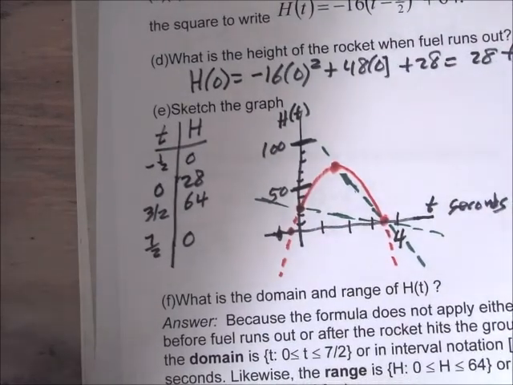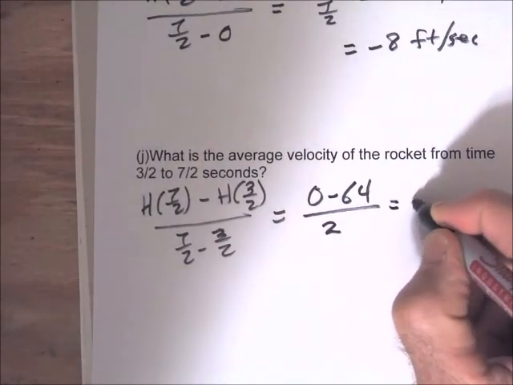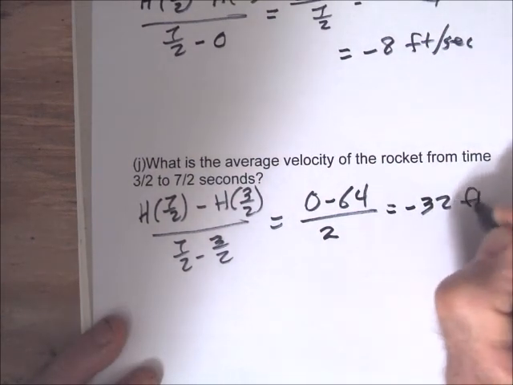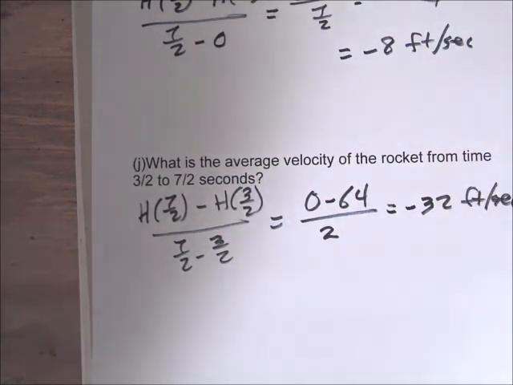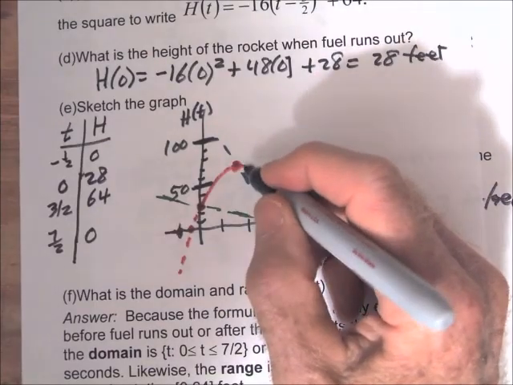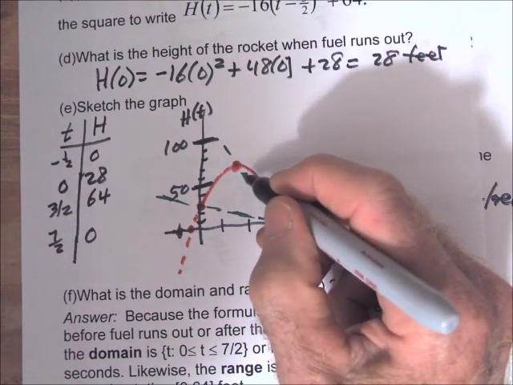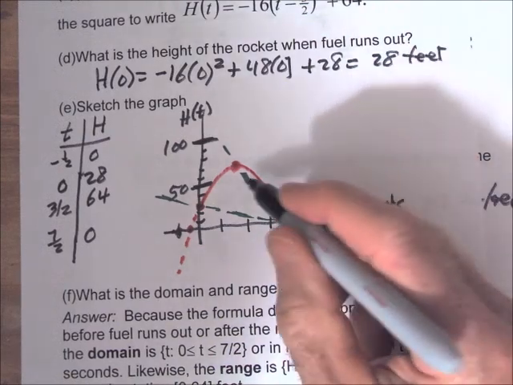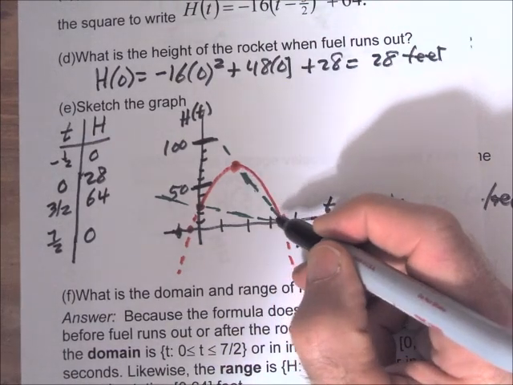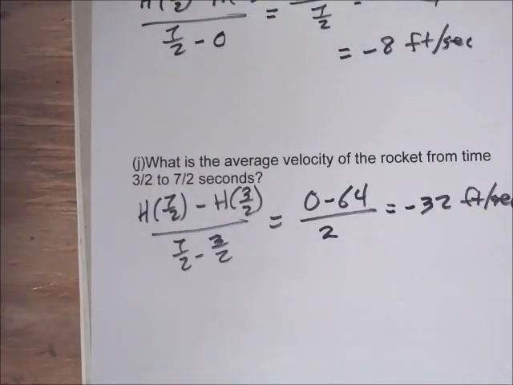We already computed that. So this is going to be negative 32 feet per second. So it's speeding up, actually. The gravity is causing it to go down, and the speed is increasing. It has a negative slope, and it's larger in absolute value. The speed is increasing.